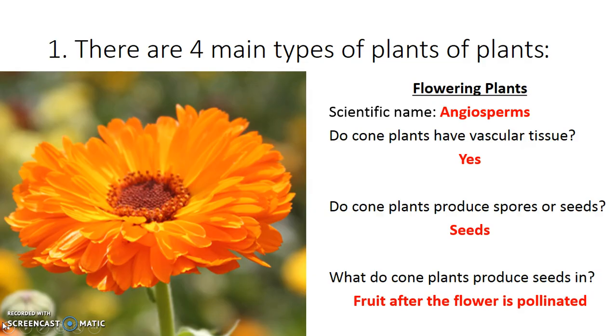These plants produce vascular tissues like ferns and fern allies, but unlike ferns and fern allies, they have seeds, not spores. The last of the four main groups of plants is angiosperms, which, like gymnosperms, have vascular tissue and make seeds, but unlike gymnosperms, they produce their seeds in flowers and fruits. They don't produce their seeds in cones. Their seeds are covered.